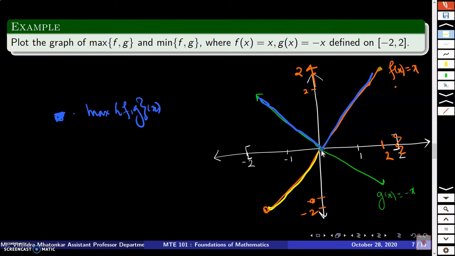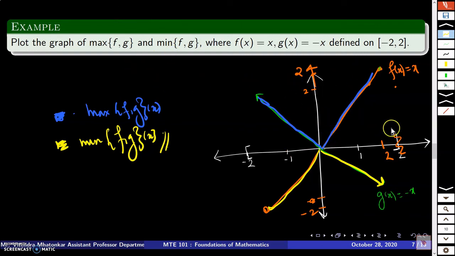So the graph marked in yellow is the graph of the minimum of the two functions f and g. Okay, so by looking at the graph, you can see how the maximum and the minimum functions of two given functions look.